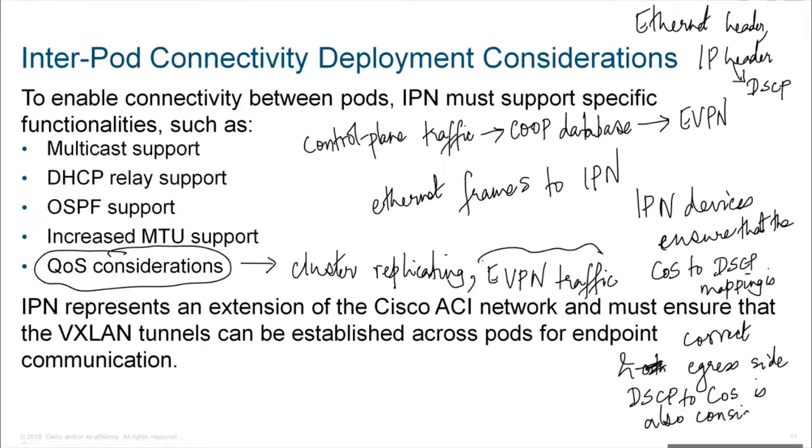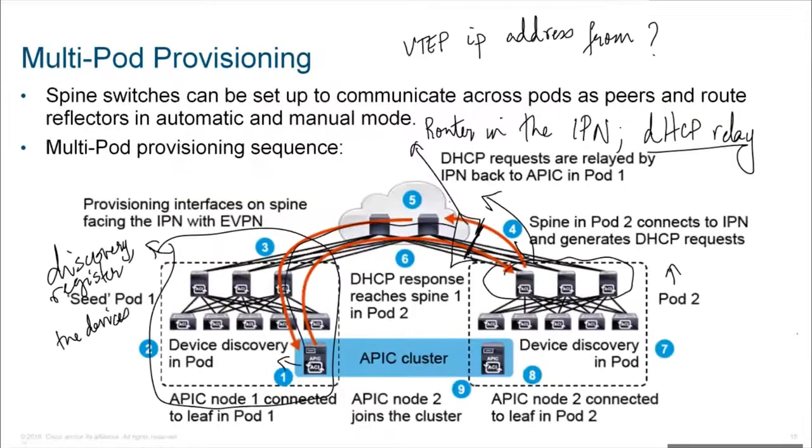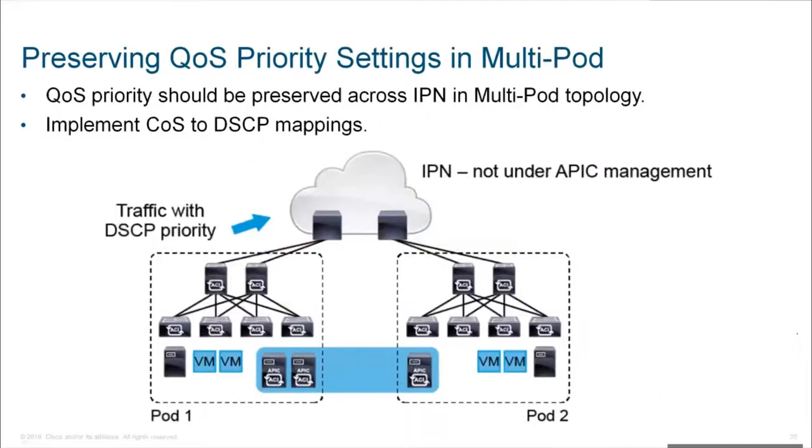What am I trying to say? Let me see the diagram if we have one. Better diagram would be, okay, so my EVPN has a certain diffserv code point, but this IPN device is not in the management, it's an external IP network, so it's probably not under your control.